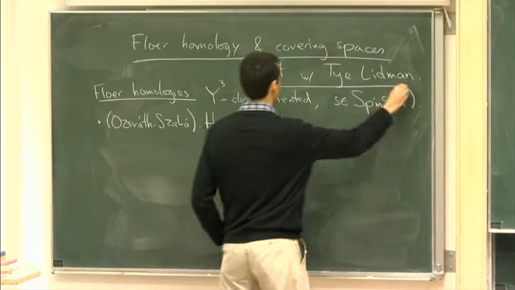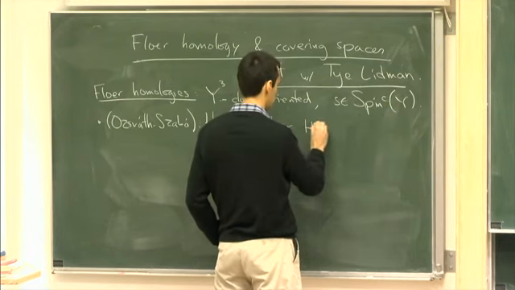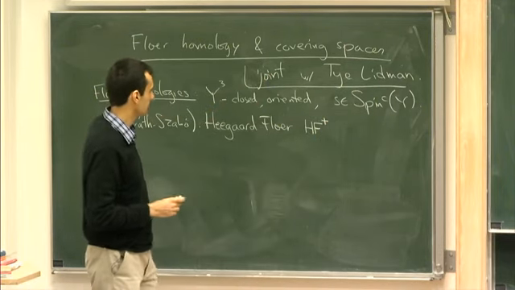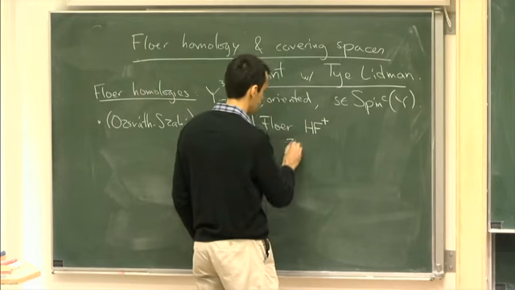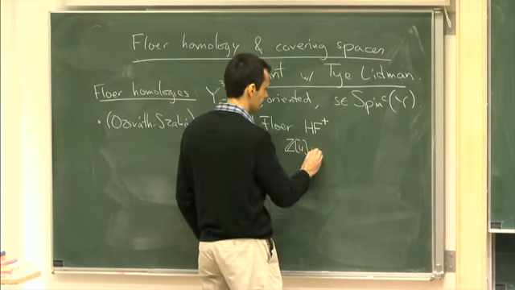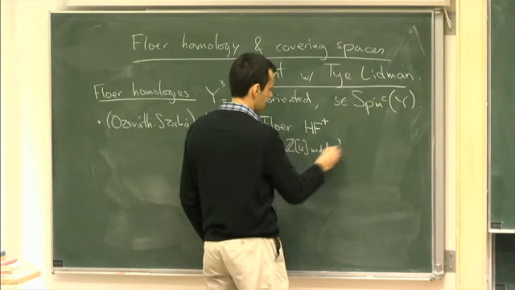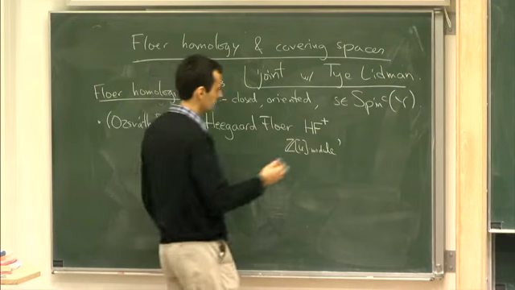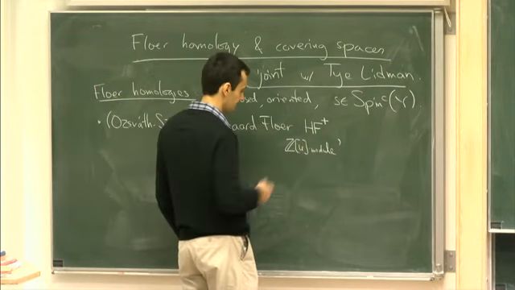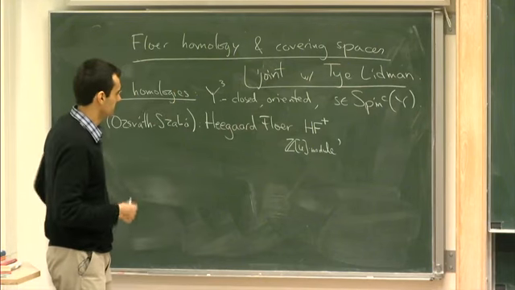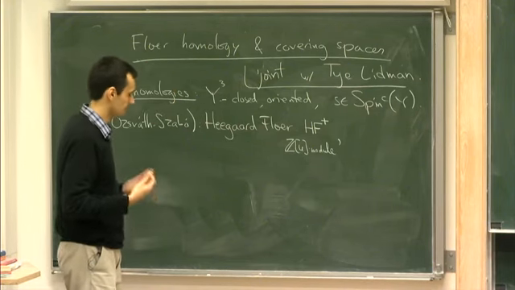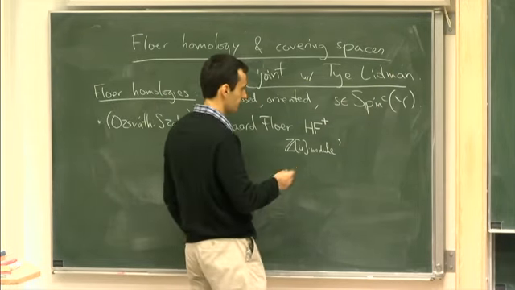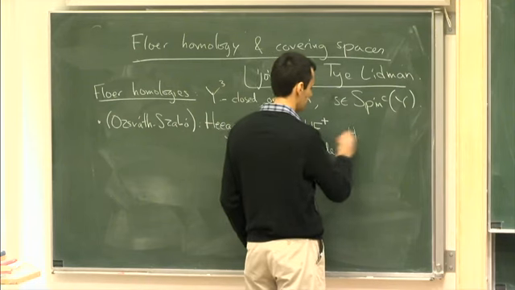The one that contains basically all the information is HF plus. This is a Z[U] module. But in terms of comparing things, this is infinite as an abelian group, so it's somehow more convenient to work with finite rank abelian groups, and there are two present in the theory.